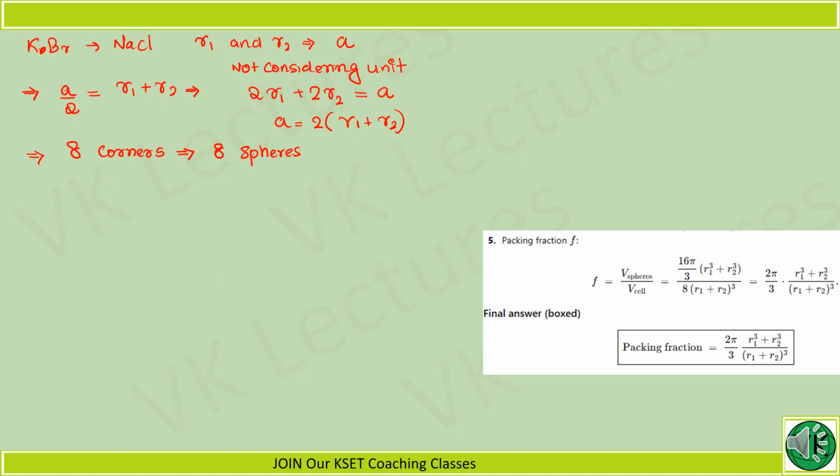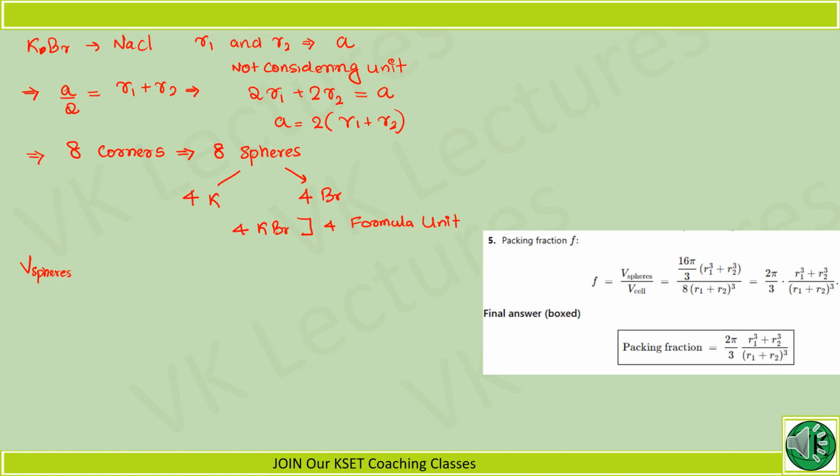These 8 spheres will be filled by 4 K and another 4 bromine. So 4 K and 4 bromine will be there in these 8 spheres, which means 4 KBr, that means it has 4 formula units of ions.